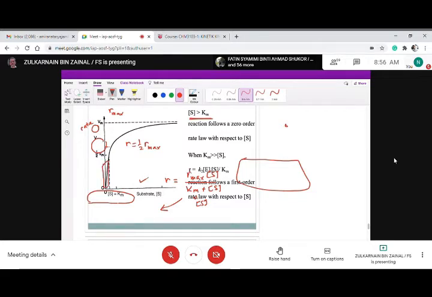So you can see if you replot the graph of rate versus the concentration of the substrate, what you get is a straight line. So that is zero order.